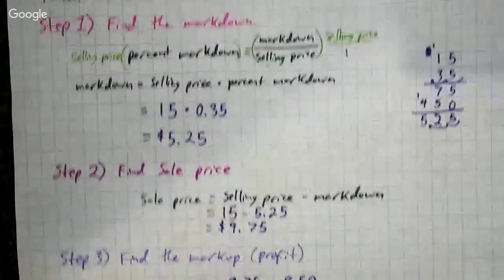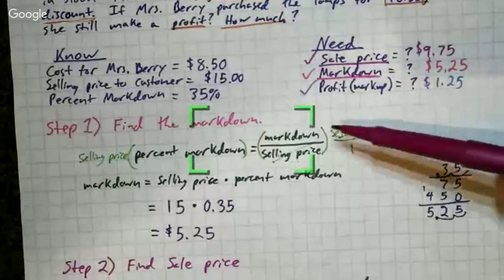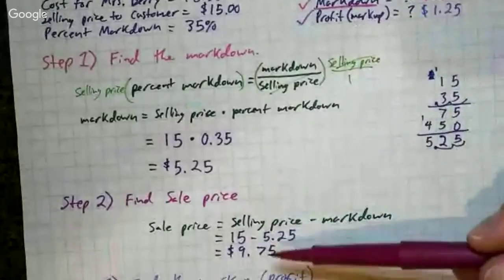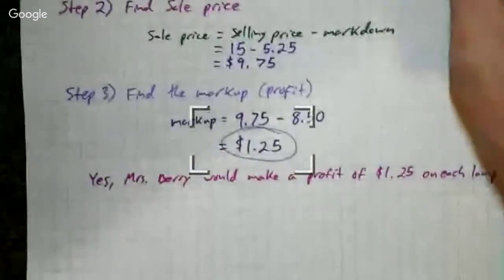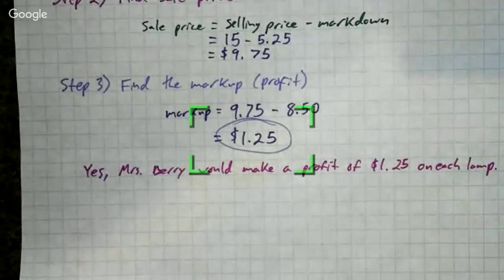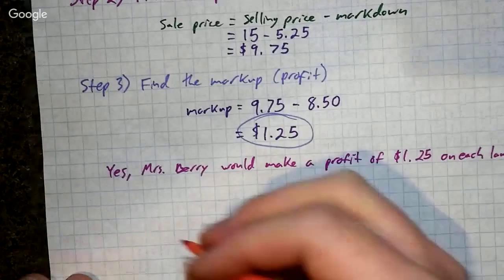Now look, that is a complex problem. We needed to come up with what we needed to find, and we needed to find ways using those equations to get to what we needed. But finally we got there, $1.25. Yes, she's making a profit. So when you're doing these problems, please make sure you're taking your time, you're thinking about them, and understanding how you can best approach it.